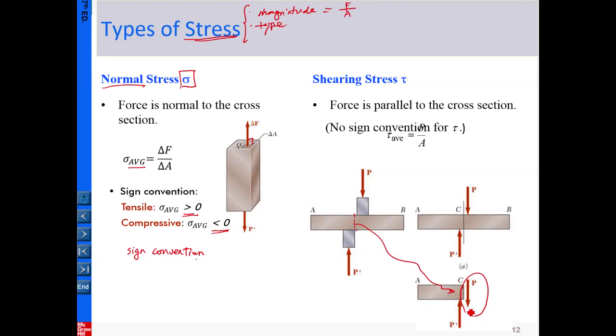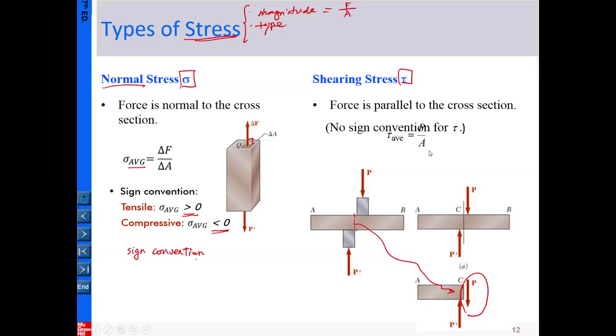This force is parallel to the area, as opposed to this case where the force is normal to the area. So for this case we call it shear stress. The shearing force induced stress is called shear stress, or sometimes shearing stress, and we use tau. In this class we use sigma for normal stress and tau for shearing stress. That is simply a symbol used.